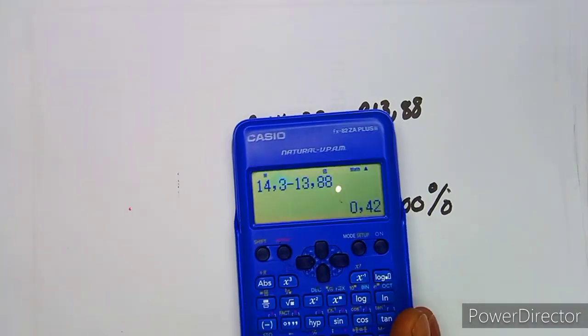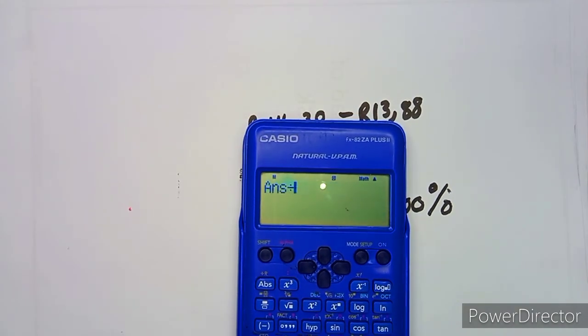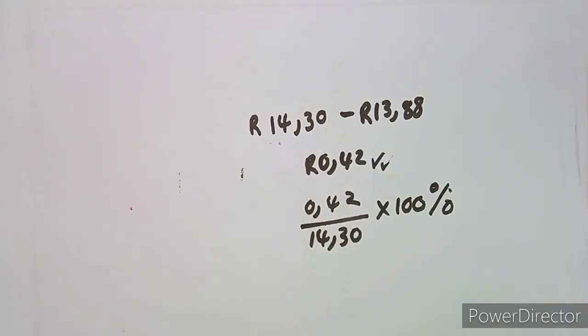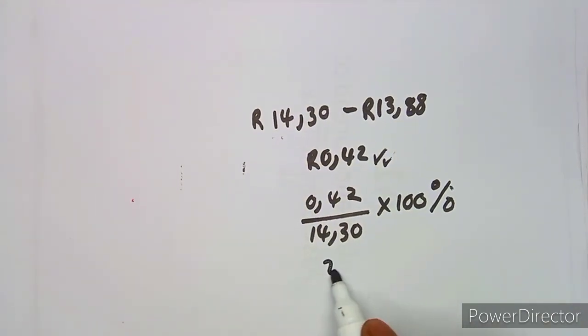So here we can just divide by 13.88. Then whatever you get, you multiply by 100%. So you're going to have a decimal of 2.9, something like that, which is an increase. Isn't this big, guys? 2.94%.